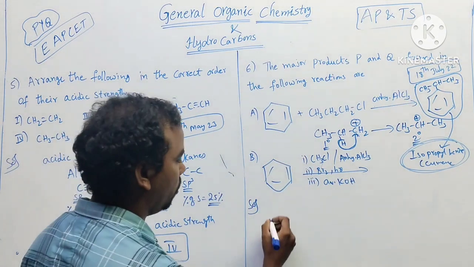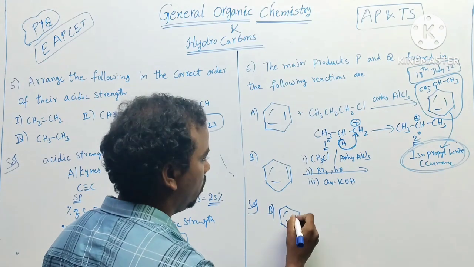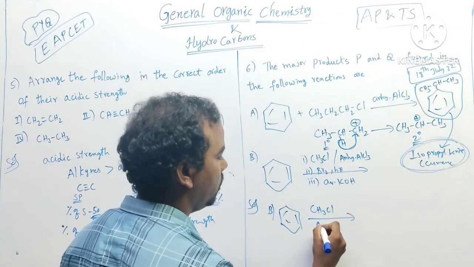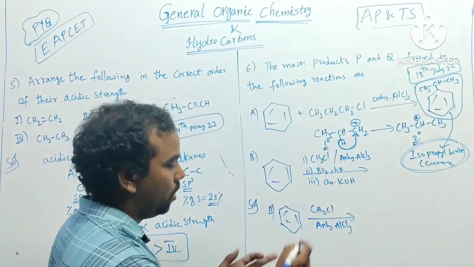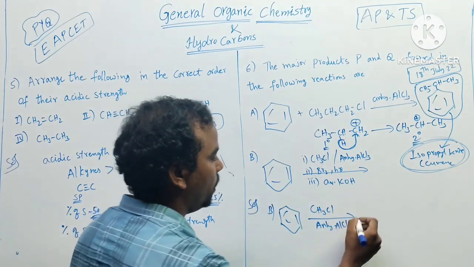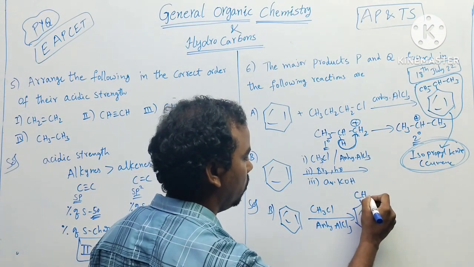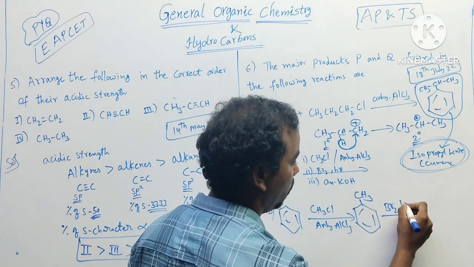In the second reaction, you observe benzene reacts with CH3Cl in the presence of anhydrous AlCl3. So again it is Friedel-Crafts alkylation. CH3 plus attacks benzene, and it forms methyl benzene. Then it reacts with bromine in the presence of sunlight.